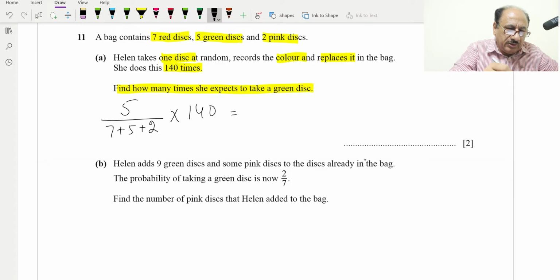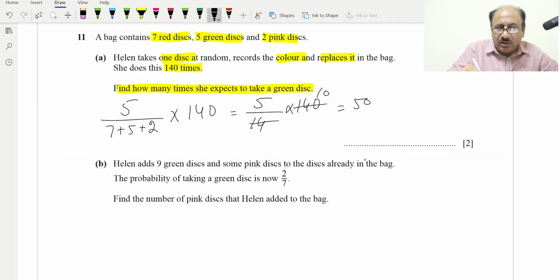So we'll calculate this. This is the probability for getting green, so this will be multiplied by 140. This is equal to 5 over 14 into 140. This will be cancelled by 10, so this is equal to 50. So our answer will be 50 times.